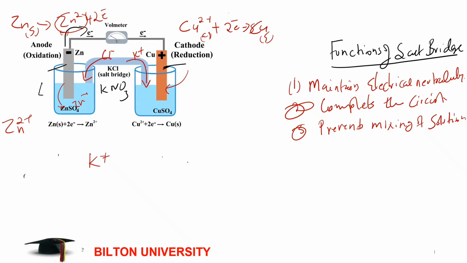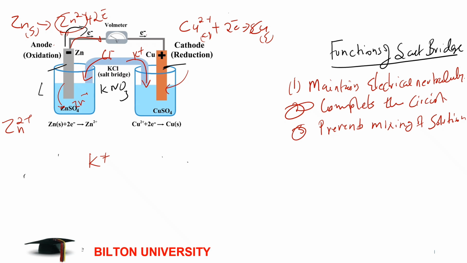The second function of the salt bridge is to complete the circuit, and this is done by ensuring that, look, we have two types of wires here. We have the external one and the internal one. The external wire, this one here, allows the electrons to flow from the anode to the cathode.